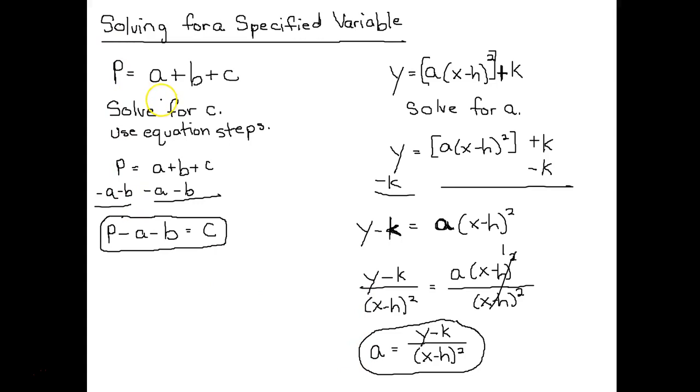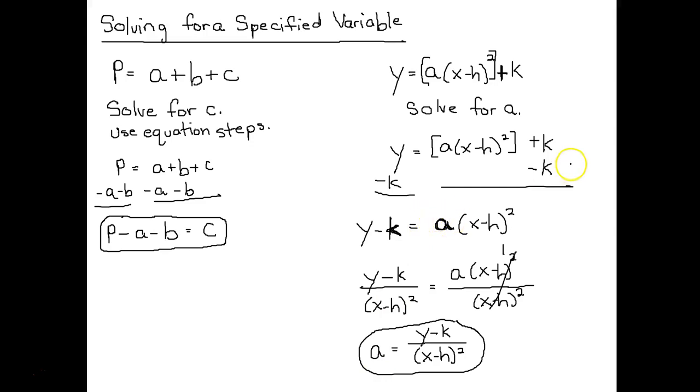Like this formula over here, if you can have it set up so that if somebody inputs P, A, and B, the computer knows how to do the math to solve for C. Or on this one, if somebody inputs H, K, X, and Y, you can program the equation in so that the computer can solve for A. So those of you going into computer science will especially find this useful.